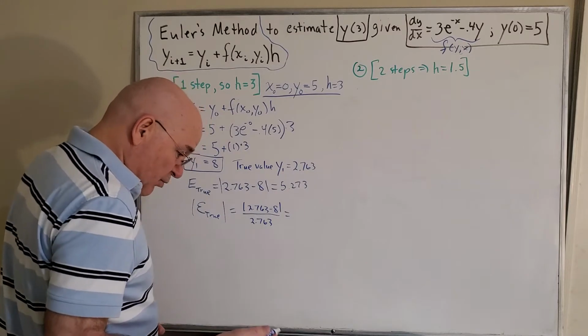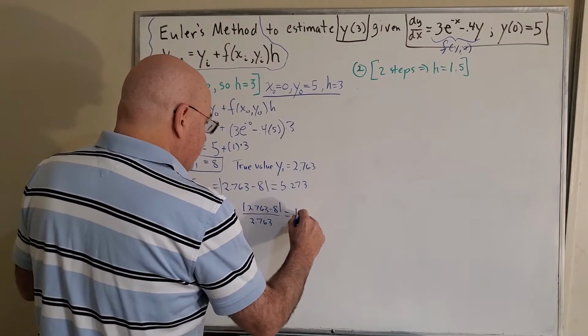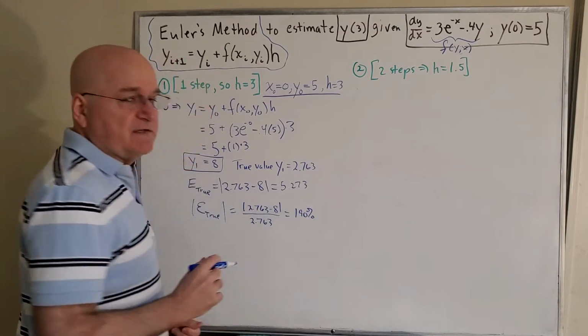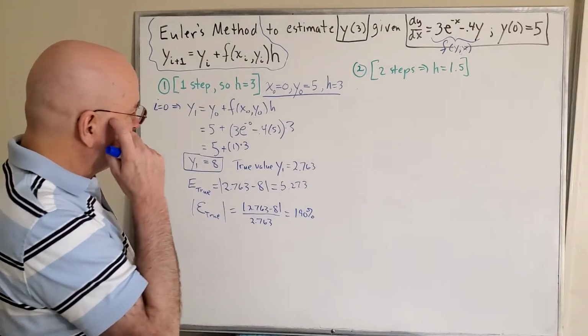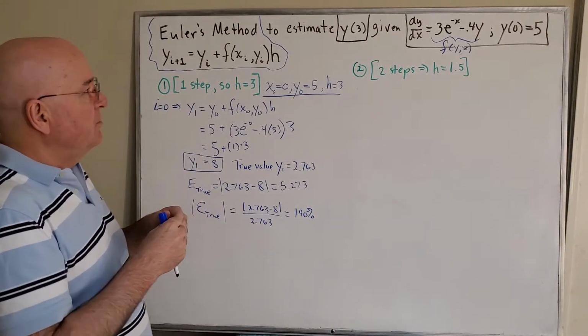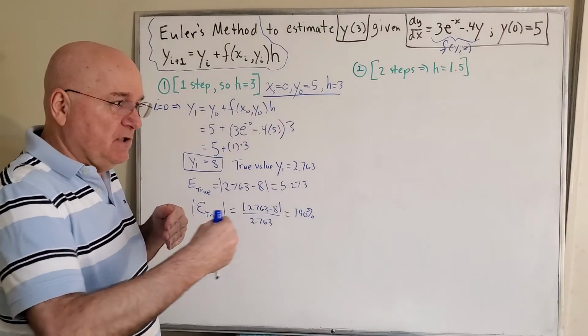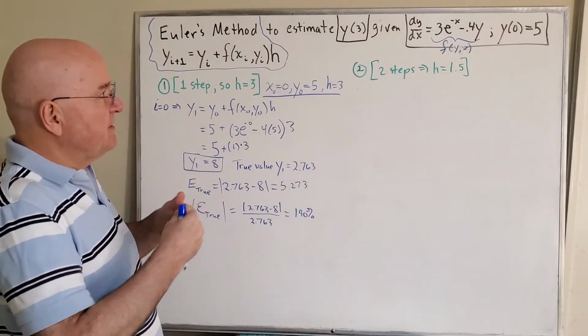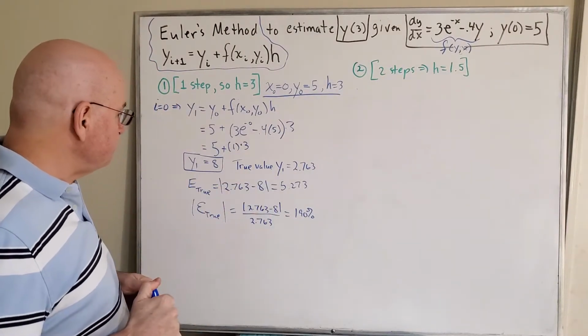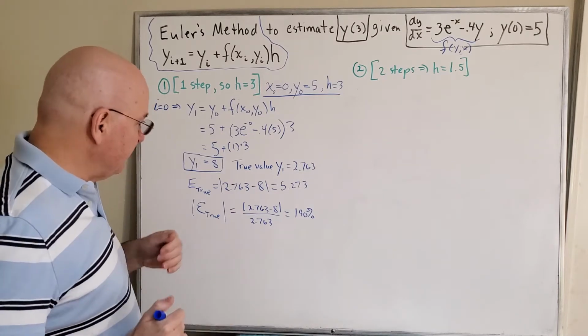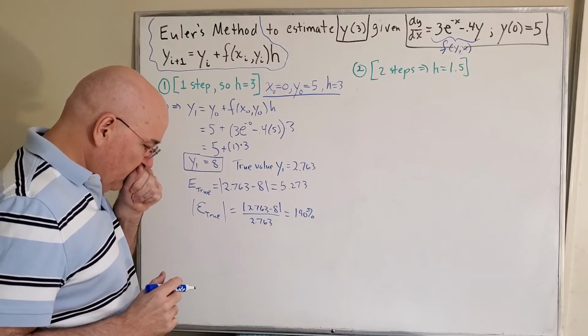And that would give us 1.9, which is 190% relative error. That's a terrible estimate. But the reason is we only used one step, and it's a huge step size from 0 to 3. And we used a straight line to get our estimate of y1.